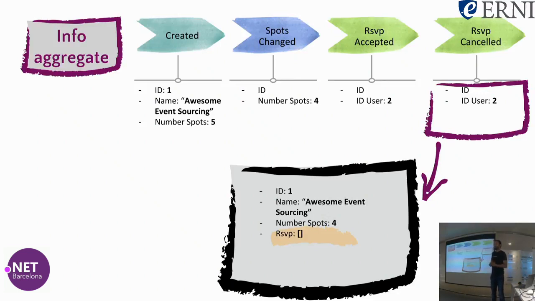The important part is that the events are the source of truth, and this is where your data really belongs. The aggregate is just something you calculate when you need to read the data. In our case, most of the time we calculate the aggregates in memory. So you do an API call, get data for the meetup, and this is calculated.